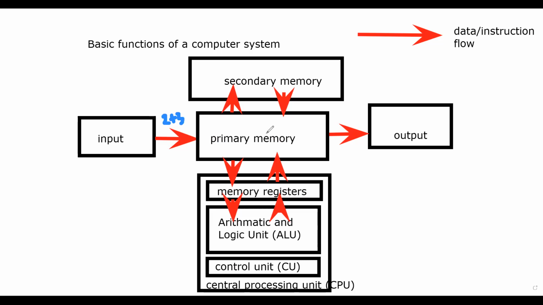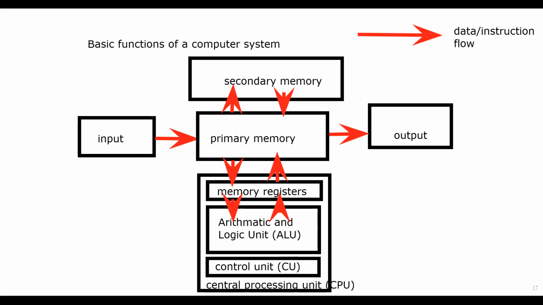That should come here first of all, primary memory, and then you put it here, 2 plus 3, memory registers, ALU performs the calculation, you get the answer 5, and then back into main memory, and then depending on that output, we can put it on the output or monitor, right? So this is how it works.